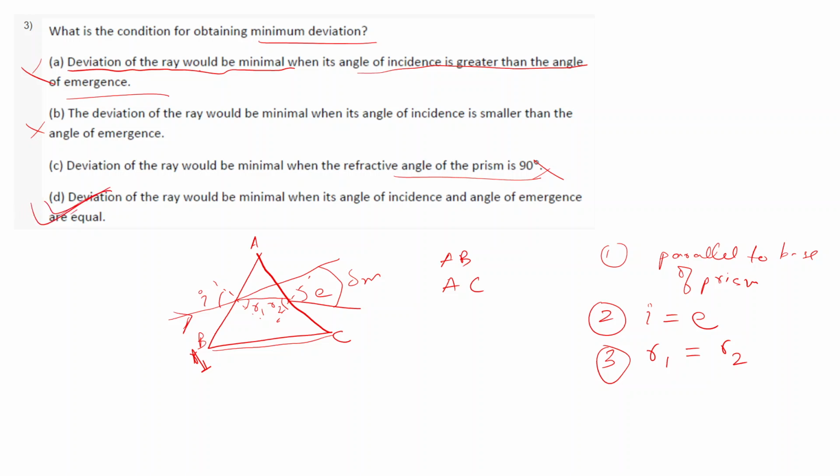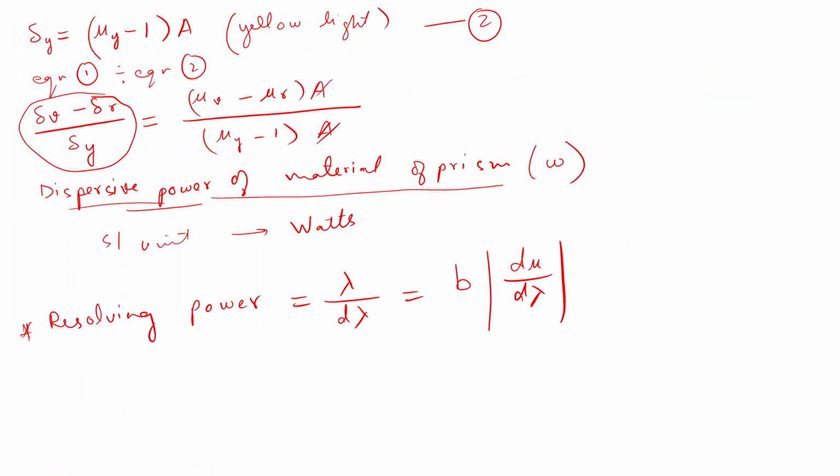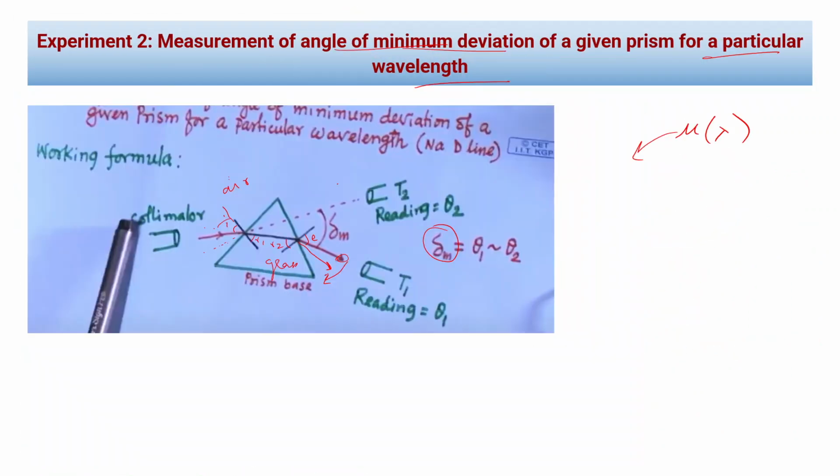And this is how, if you remember, in experiment 2 we were finding out the angle of minimum deviation. By the collimator, the ray is incident on the prism.